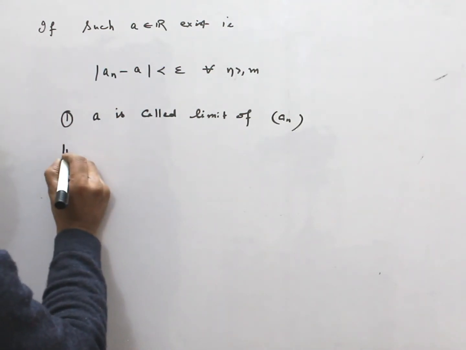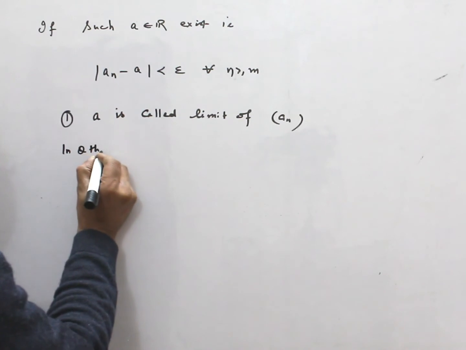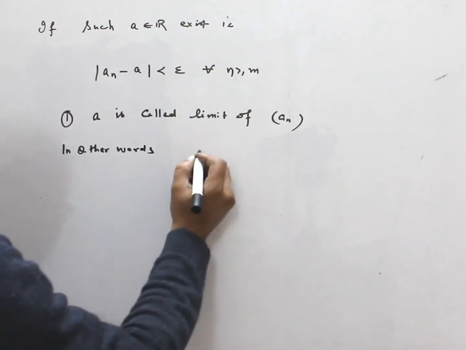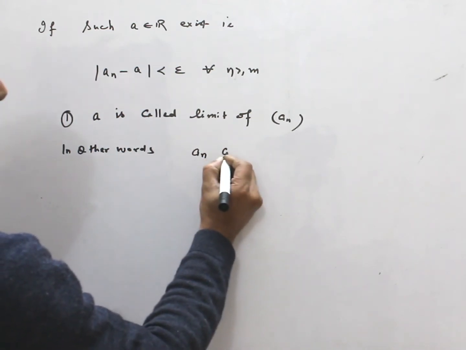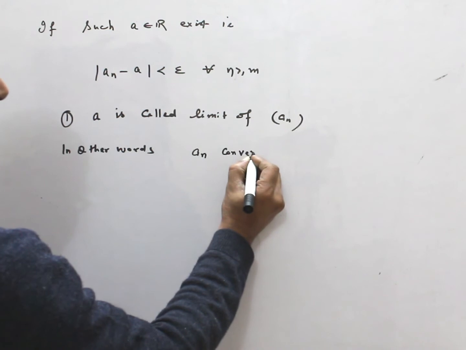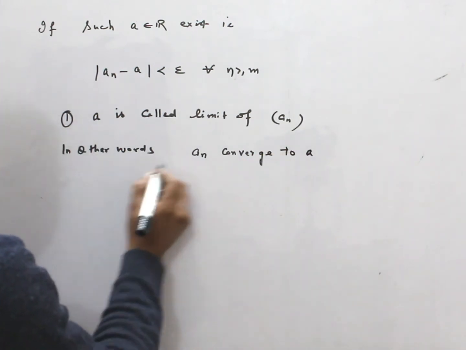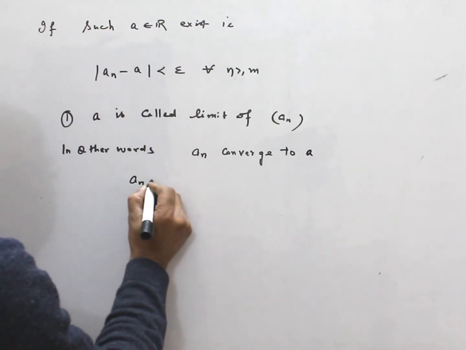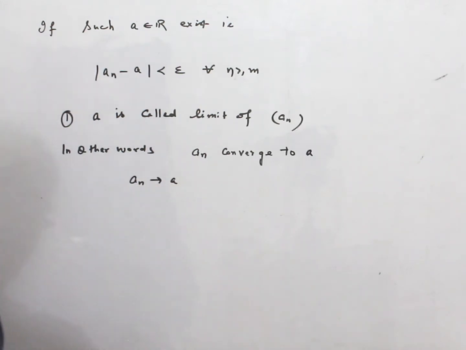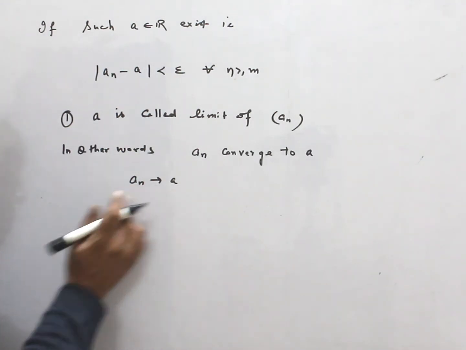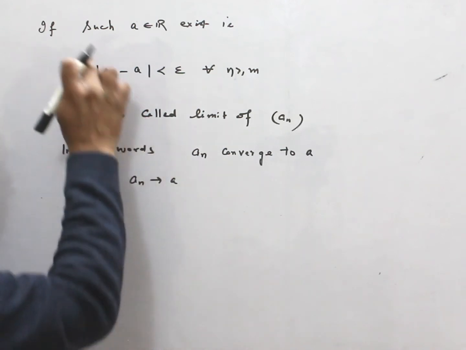In other words, I say a_n converges to A, or I write simply a_n converging to A. Now I can say a_n is a convergent sequence if such an A exists.